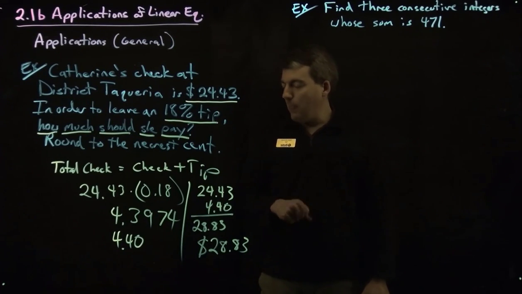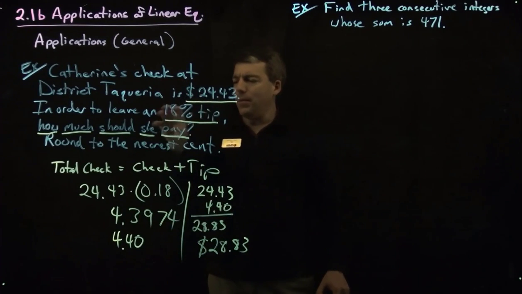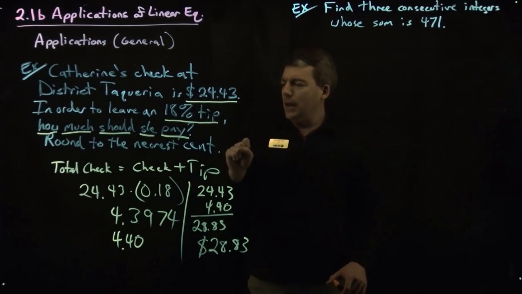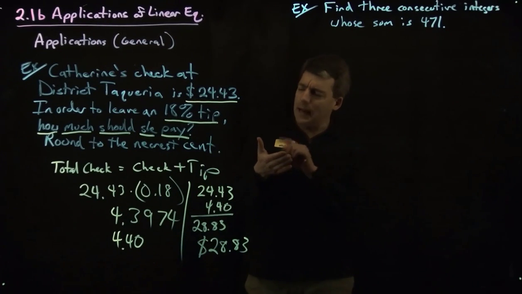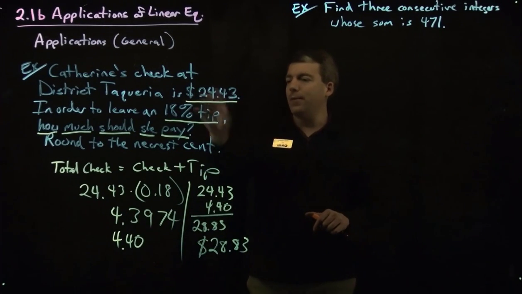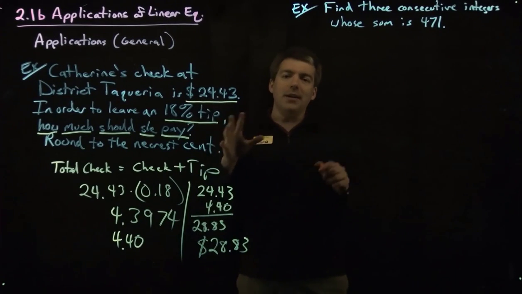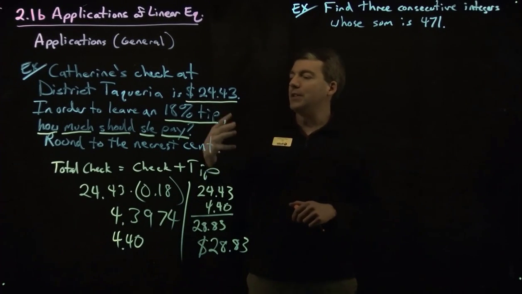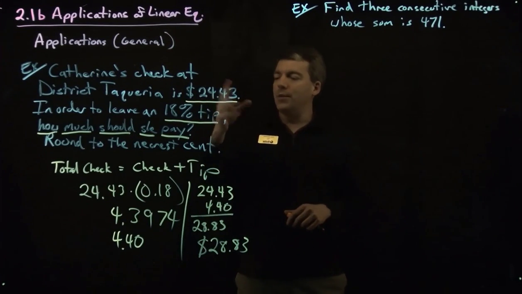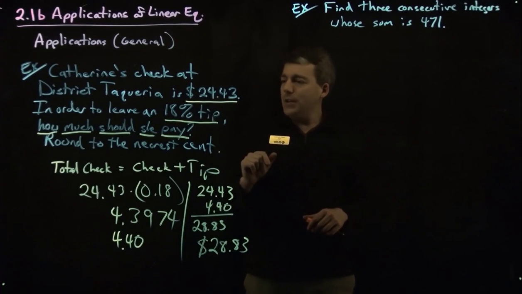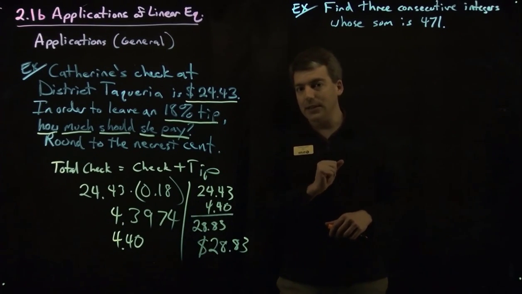Okay. A way we can go back and check our work is to estimate what an 18% tip would be. If you're doing this on the fly, you probably wouldn't want to pull out your calculator and say, okay, I want to know exactly what 18% tip. No, you would figure it out from the amount here. Now, calculating 10% is pretty easy. So we've got $24.43. That's about $24, right, if we just round. So $24, 10% of that would be $2.40.